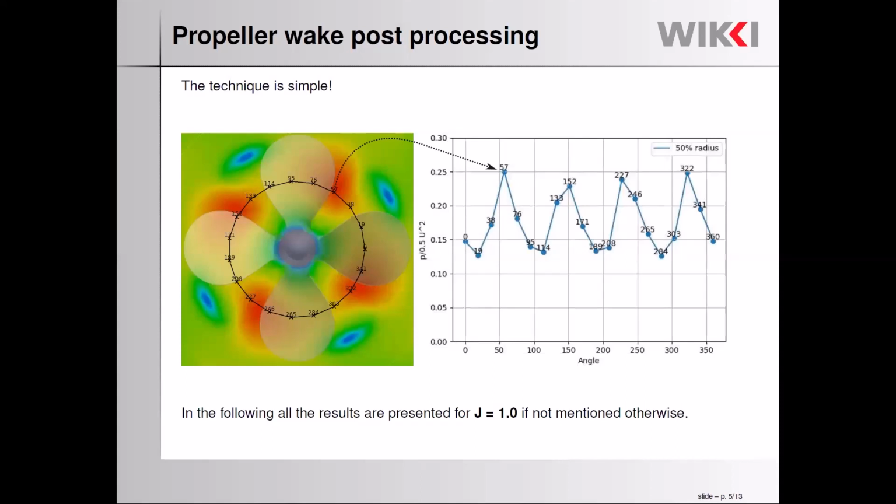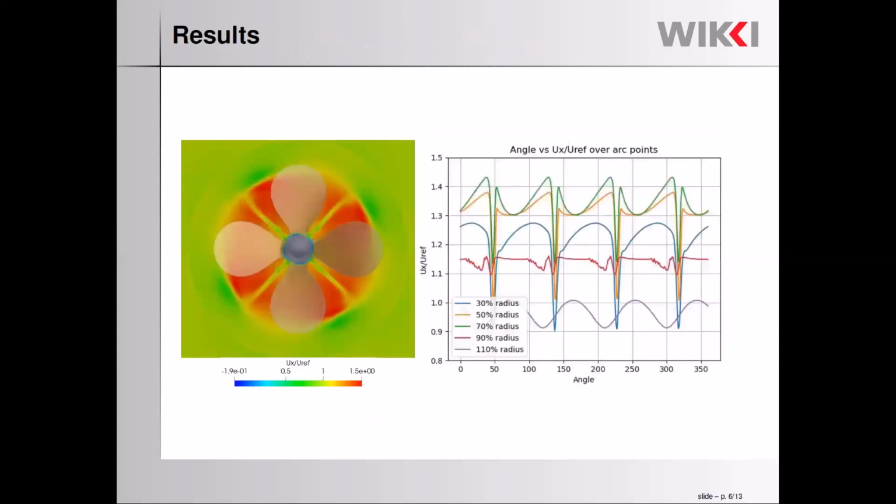And also for the next couple of slides, I'll be focusing on the results which came out of the simulation with advance coefficient equal to 1. And I will be showing you later a comparison between this one and different advance ratios as well. So this is how the story looks for the axial velocity.